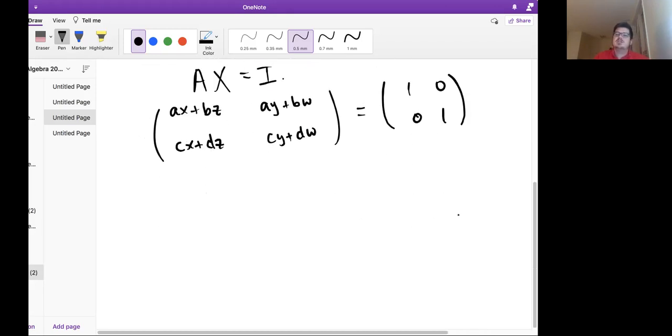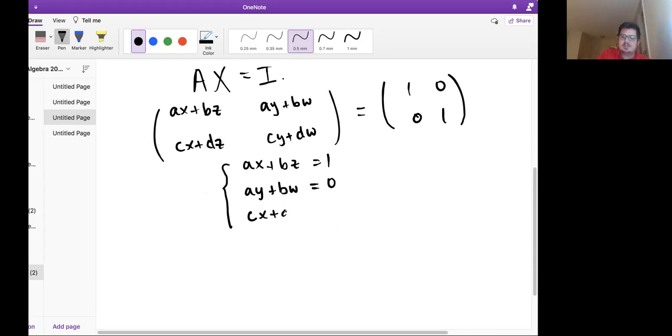All right, so if two matrices are the same, what does that mean? There are 4 things that need to be true here. What must be true about AX plus BZ? It has to be equal to 1. If you're claiming that these two matrices are the same, it has to be 1. AY plus BW is 0.